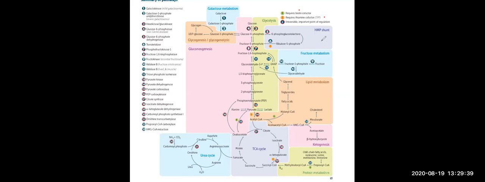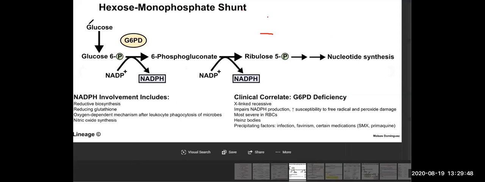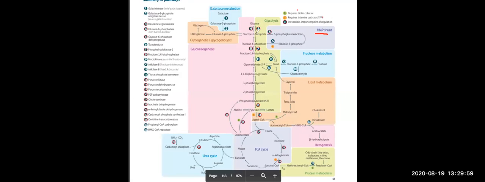Now you see this HMP shunt over here. We saw this picture of HMP shunt, and it was starting from this glucose. So in your book also you see this HMP shunt is starting from your glucose. Then glucose 6 phosphate, and then it moves to either your mitochondria or your cytoplasm, because HMP shunt takes place in both.